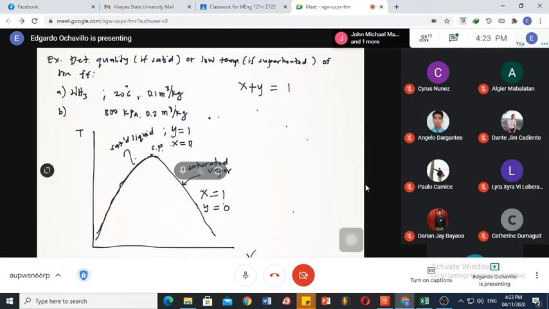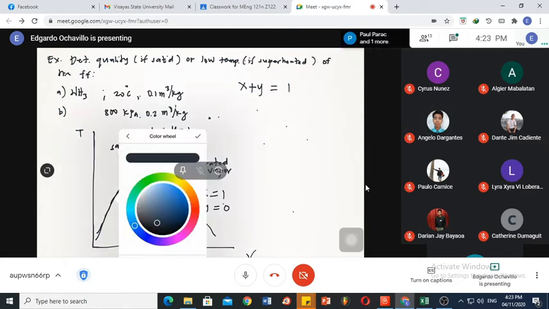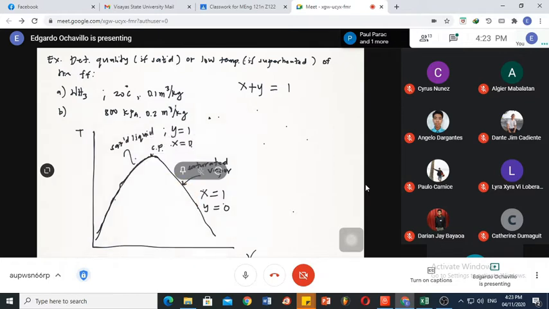Is that clear? So in this curve here, this is a mixture of liquid and vapor at constant temperature. For example, at this point here, at midpoint, that is 50% quality and 50% moisture content.